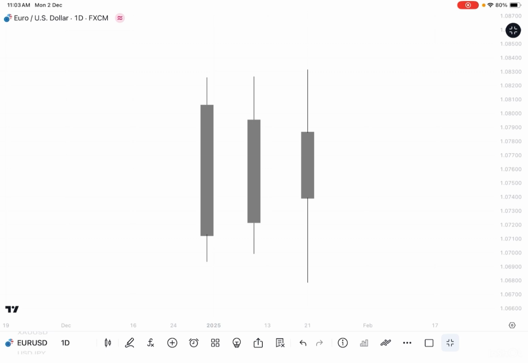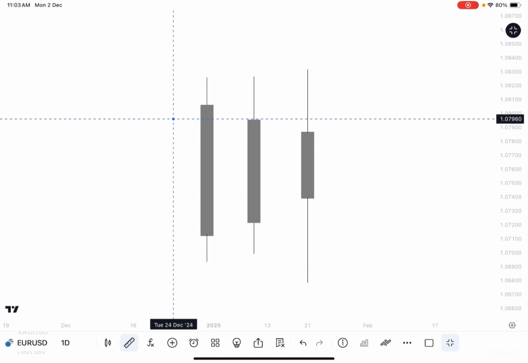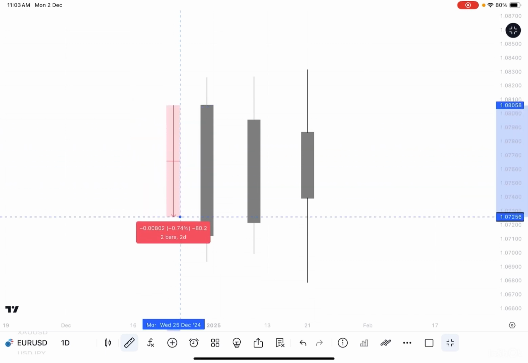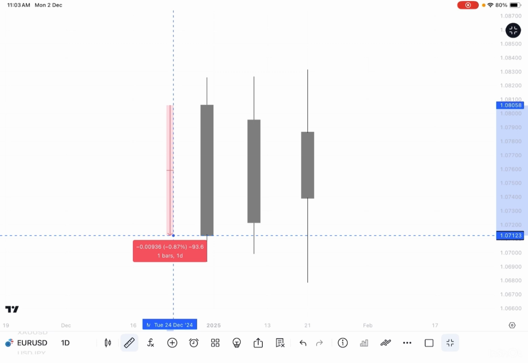That is the bottom wick and the top wick together. Then take the measure tool again and measure the body of the candle. By measuring, we got the value 0.87.